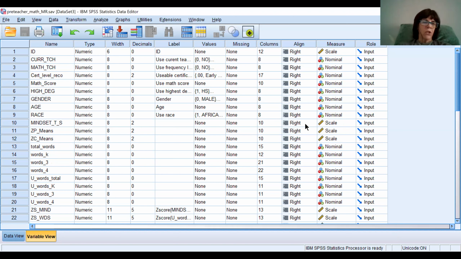We have their math score, which is their score on the general math test, the highest degree they've earned, their gender, age, and race, their mindset about their students. So mindset TS means mindset about their students. A measure of their procedural knowledge that ZP means. It's a standardized measure of their procedural knowledge for 4 specific questions.